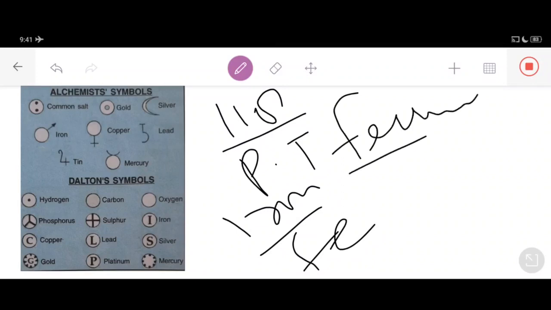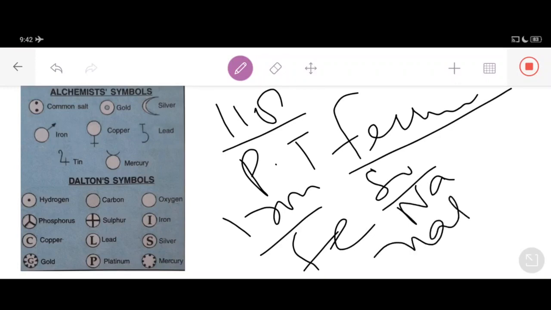Sodium has the symbol Na from its Latin name natrium. Same is the case with potassium.